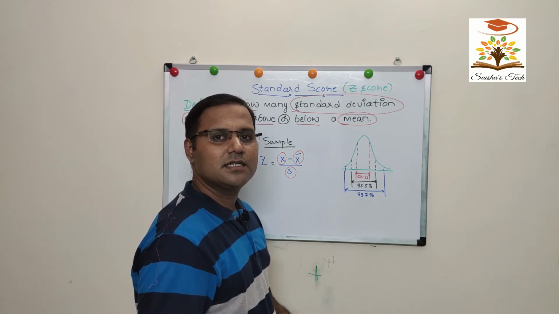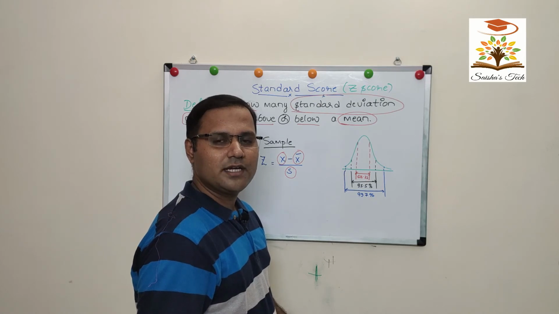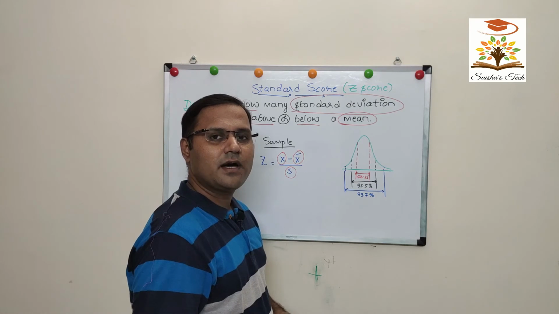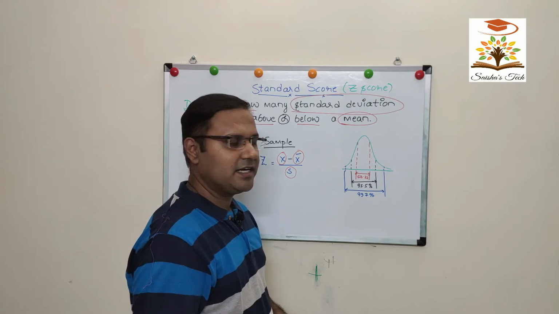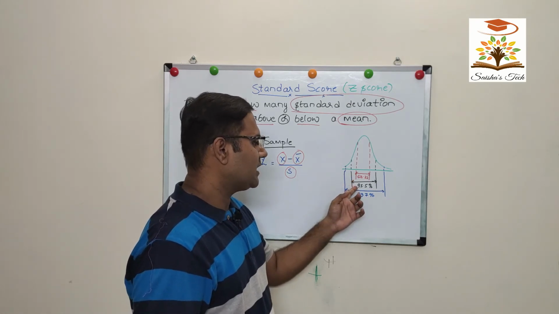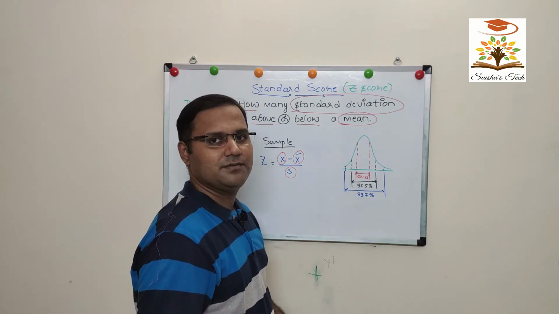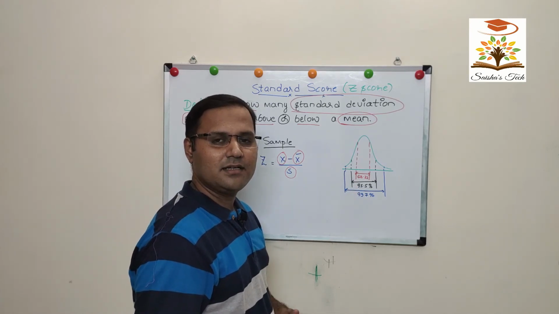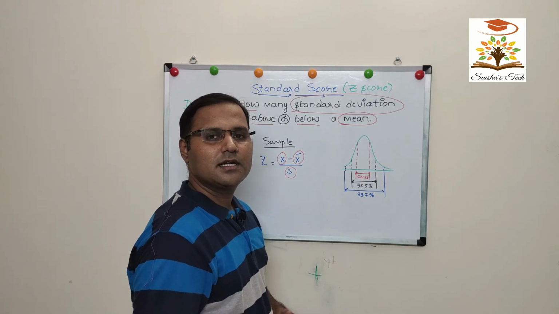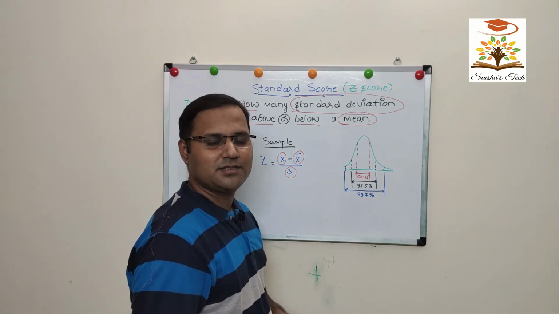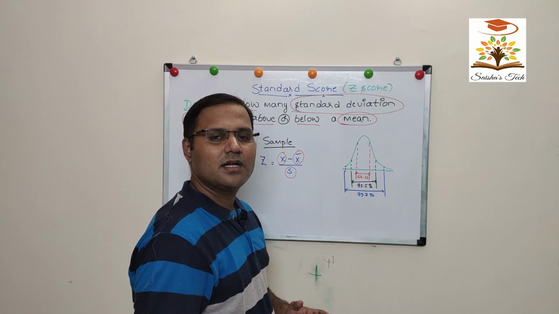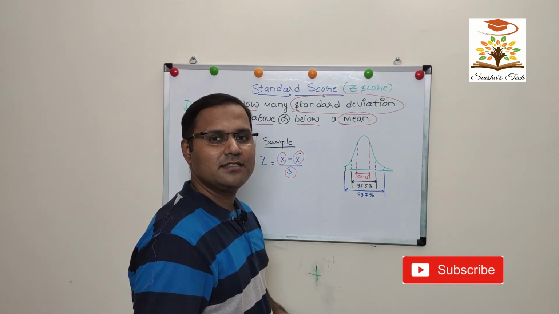Similarly, if you consider the score of a student in a class, his score should be as far as possible from the mean, that is, between 2 or 3 standard deviations. This shows that the student has outperformed his classmates. This is how the z-score helps us to analyze the data.